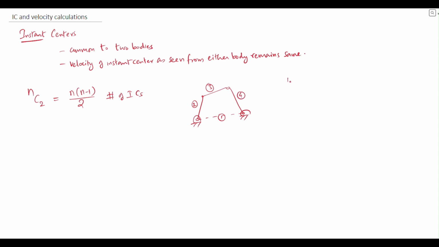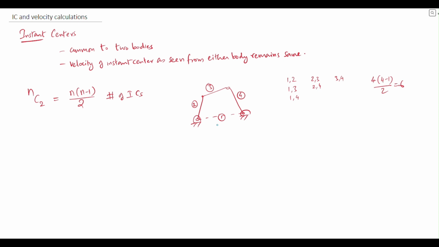So we can have instant centers between 1 2, 1 3, 1 4, 2 3, 2 4, and 3 4. These are 6, which is the same as 4 times 4 minus 1 by 2, which is the number of instant centers that this system can have.